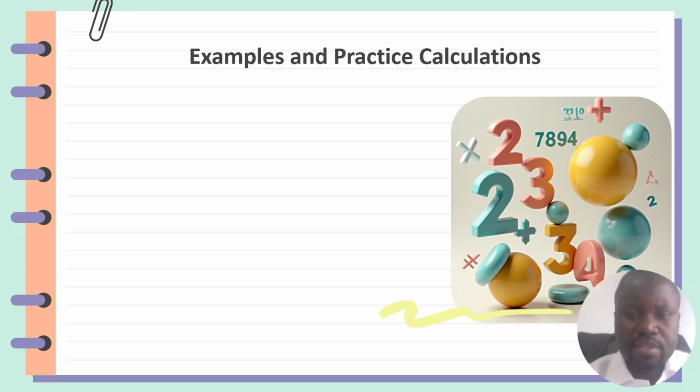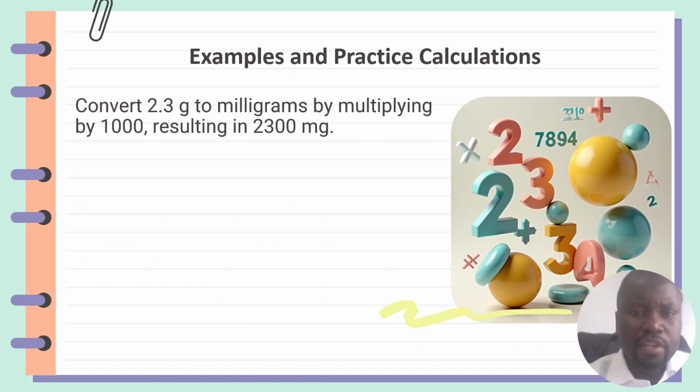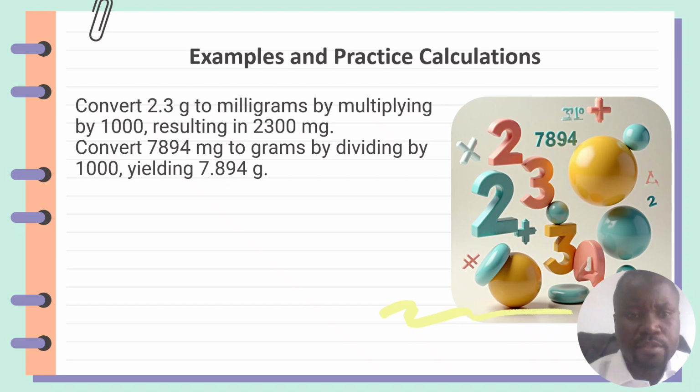Some of the practice examples: converting grams to milligrams. This means we are moving from a larger unit to a smaller unit, so you have to multiply by the conversion constant, 1000. Milli means 1000.